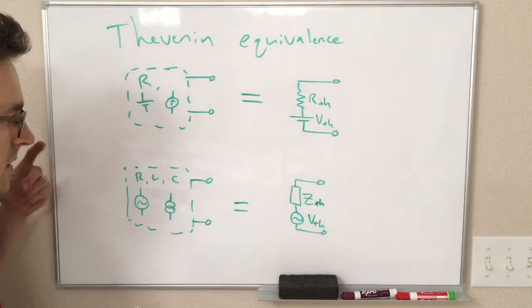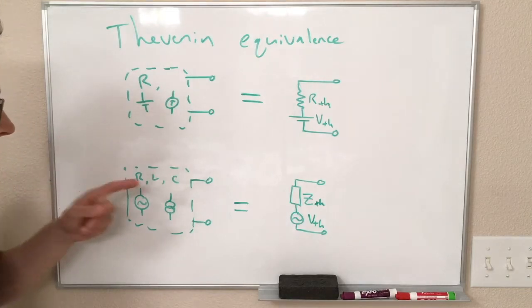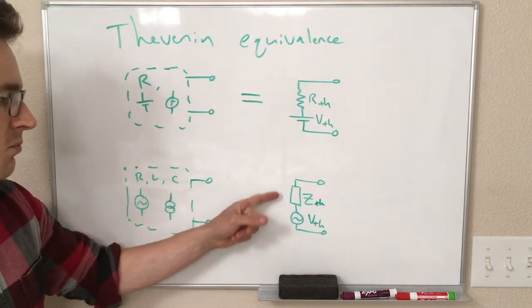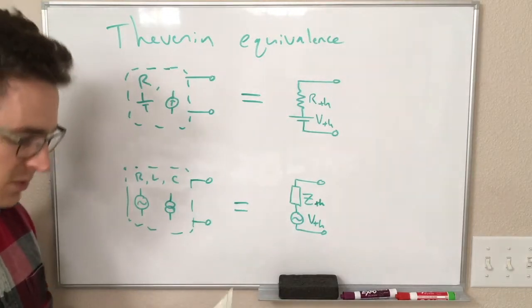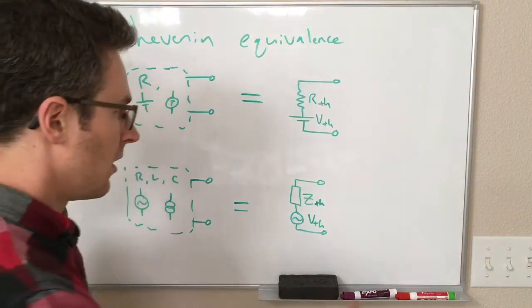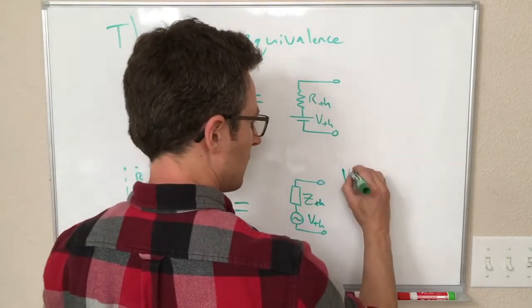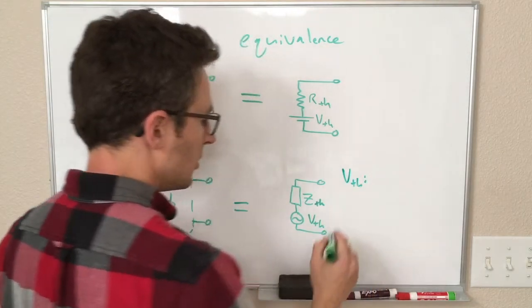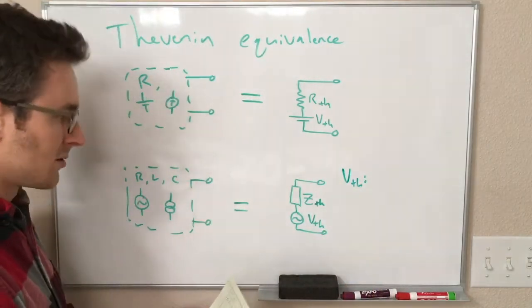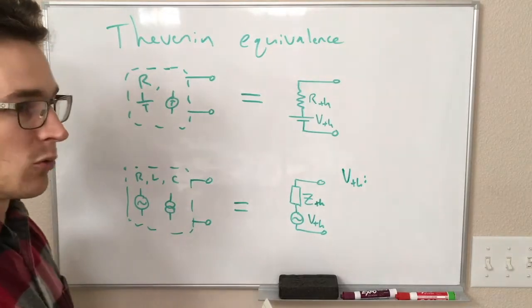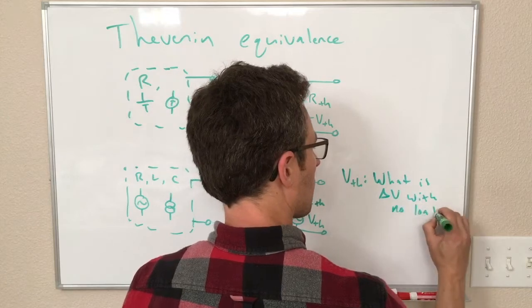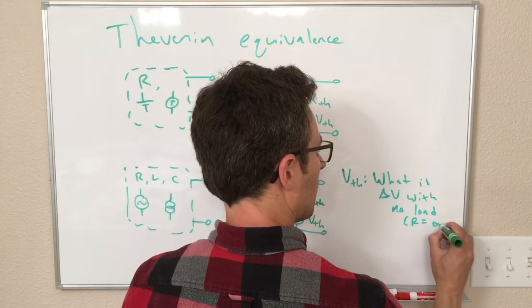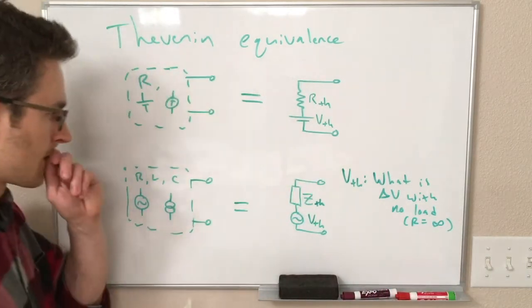The technique for finding these values is basically the same as it is for resistors. There are a couple of different recipes you can follow, but one is, to find V Thevenin, you can ask what is the voltage between the terminals with no load, meaning like an infinite resistance connected to it.